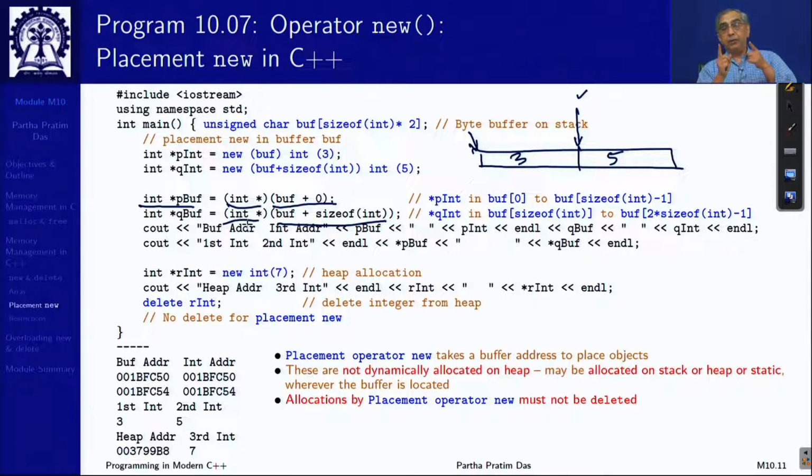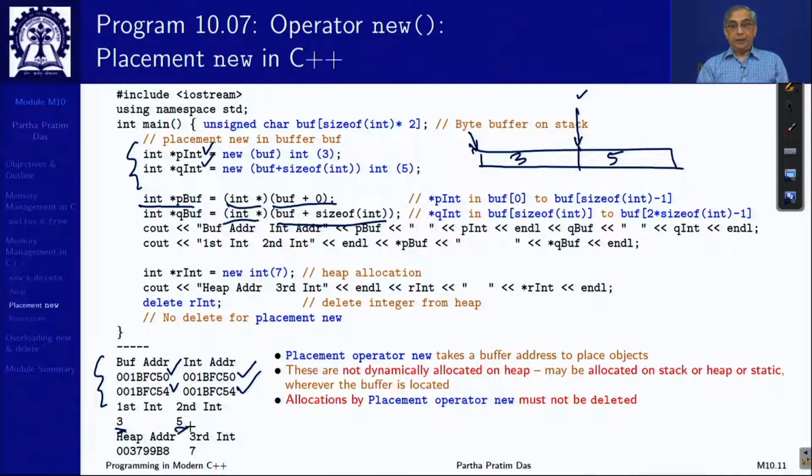So, these are the two direct buffer pointers, and these are the two dynamically allocated integers in my address space. And then I have printed the buffer address and this dynamic address to show that the buffer address and the integer address would be the same in both cases, which is what is expected. That is the behavior of the placement new. And if you dereference these and print, you will find the initialization values 3 and 5.